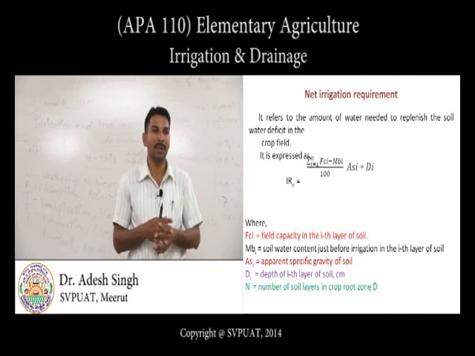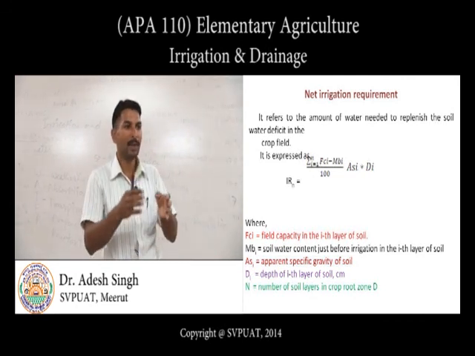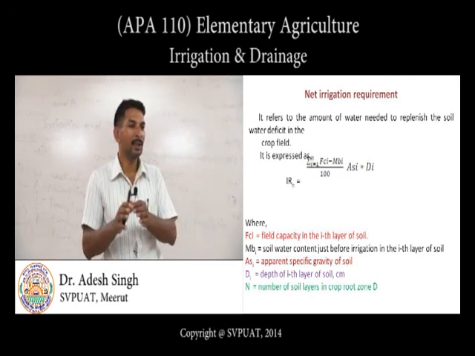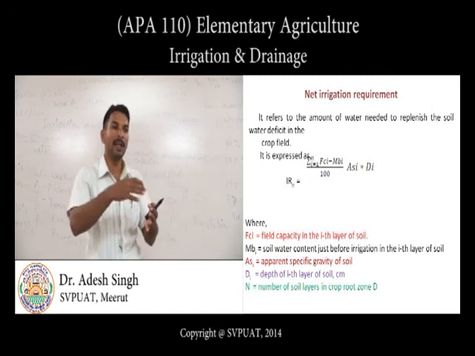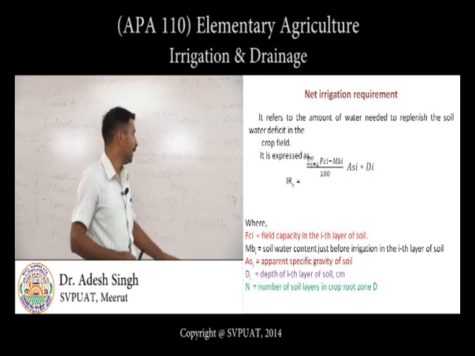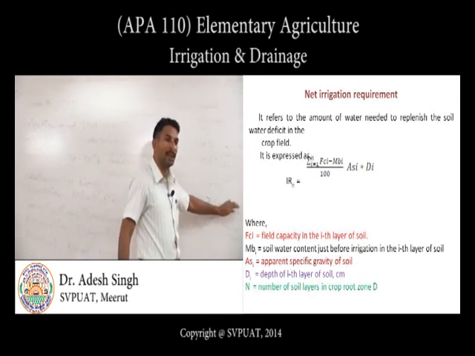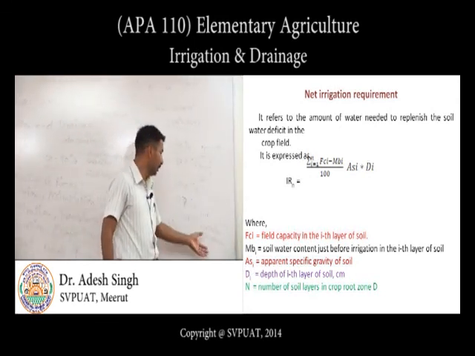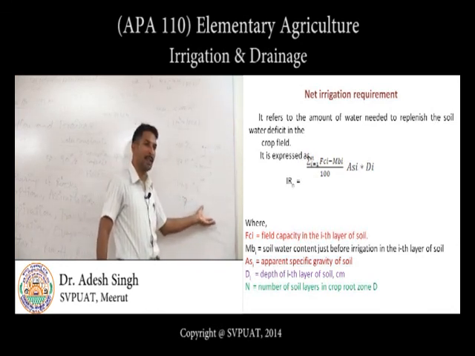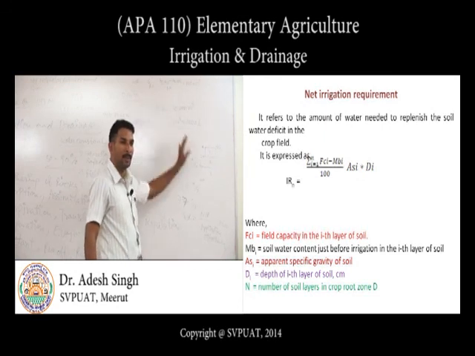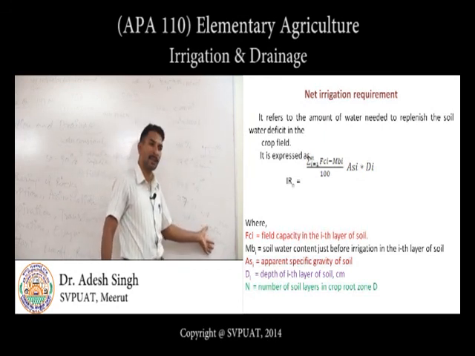For example, in the case of sugarcane, if the net irrigation requirement is 1500 millimeter, to supply this 1500 we have to deliver more water so that we can fulfill the need of that particular crop. So it can be calculated from the net irrigation requirement through this formula and the application efficiency.